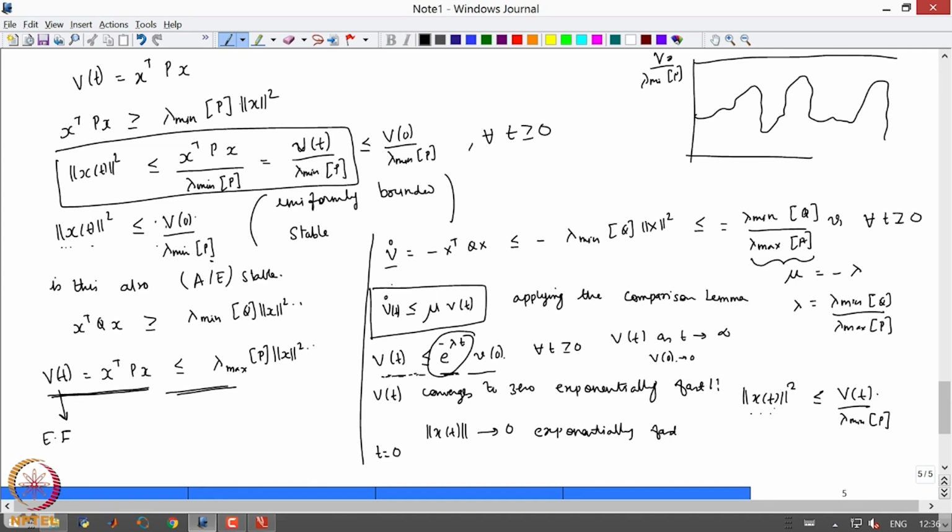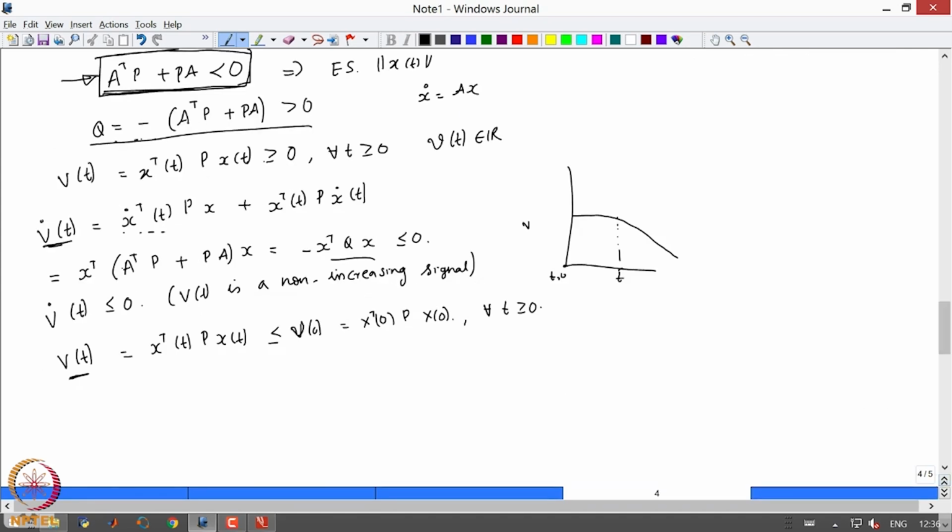We started by assuming this to be true, and this now implies that x converges exponentially fast, so I have proved exponential stability of x dot equal to Ax.